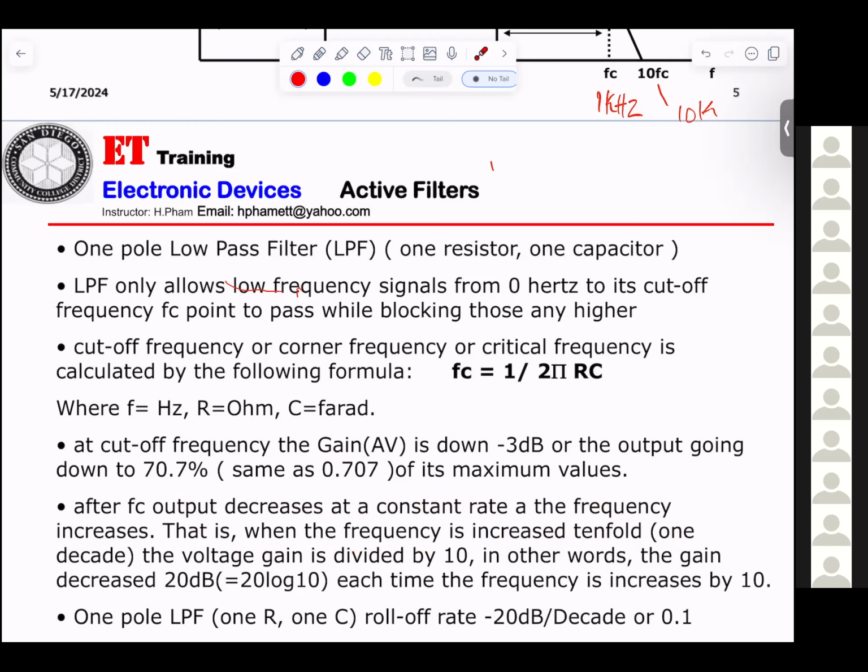In other words, the gain decreases 20 dB. You take 20 log of 10 each time the frequency increases by 10. One pole low pass filter, 1 R, 1 C, roll off rate minus 20 dB per decade. But you want to know that is equivalent to 0.1.